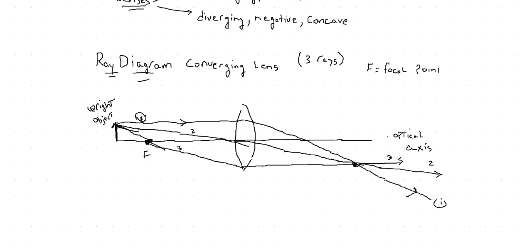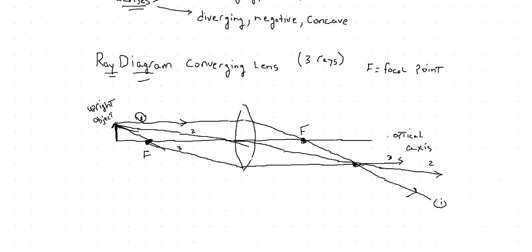Now, if you look on this side of the lens, ray number 1 also crosses the optic axis, and it turns out this is also F. So it should be the same distance from the lens on both sides, if I drew this neatly.